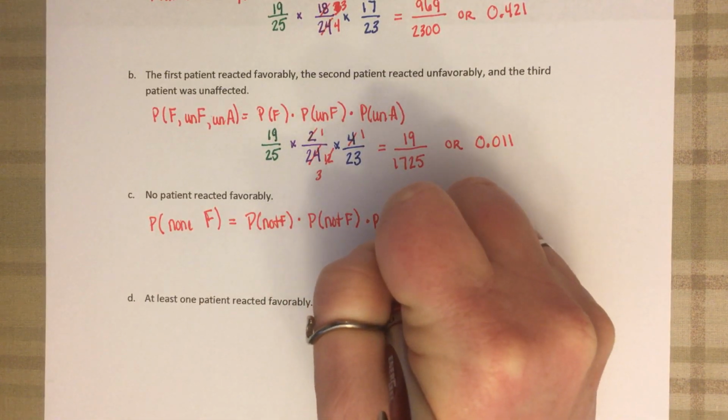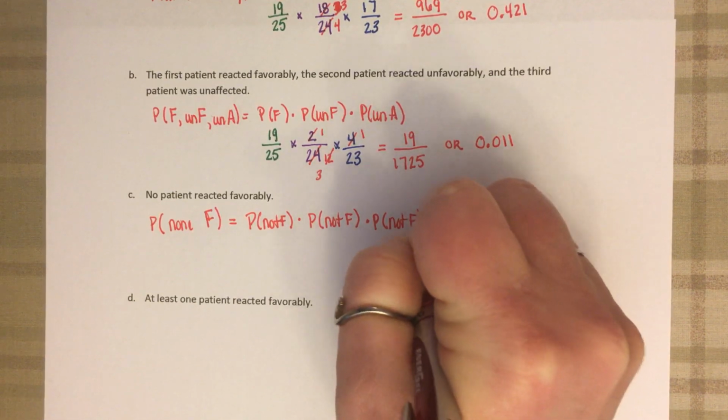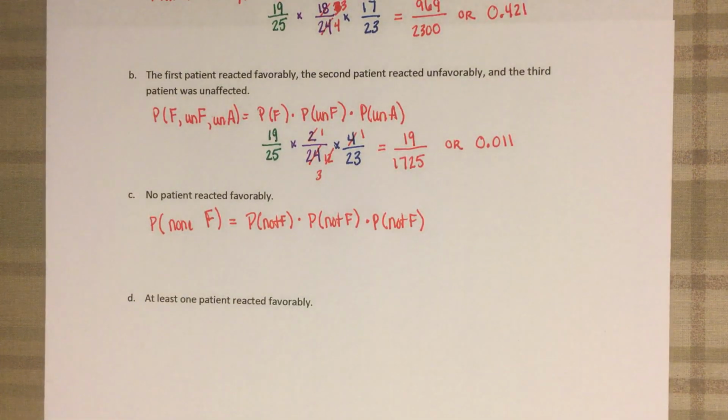So as we're thinking about these people that reacted not favorably, it's not that they're unfavorable. They could be unfavorable or unaffected. So we have 19 people total that reacted favorably, 2 reacted unfavorably, and 4 were unaffected. That means that 6 either reacted unfavorably or were unaffected.